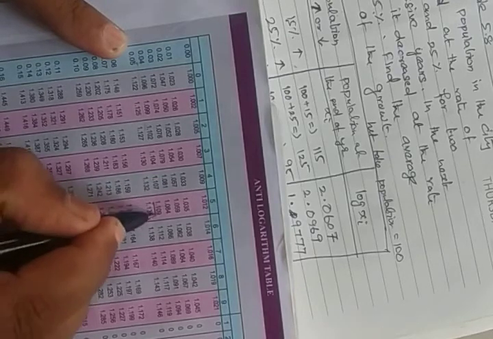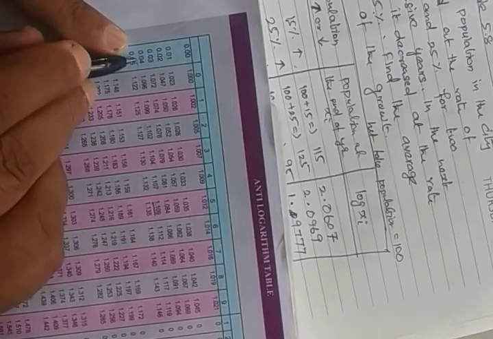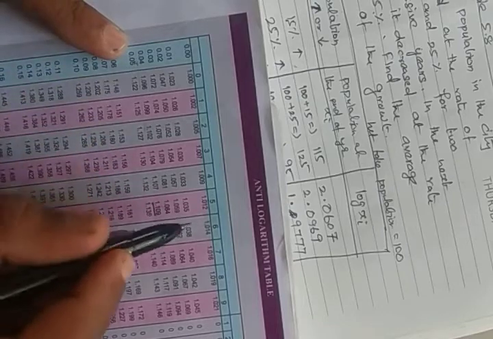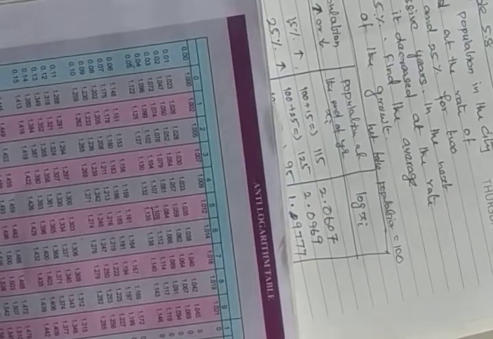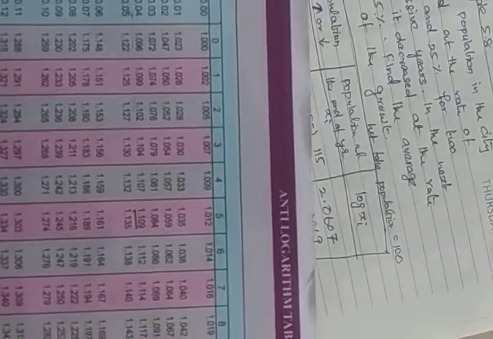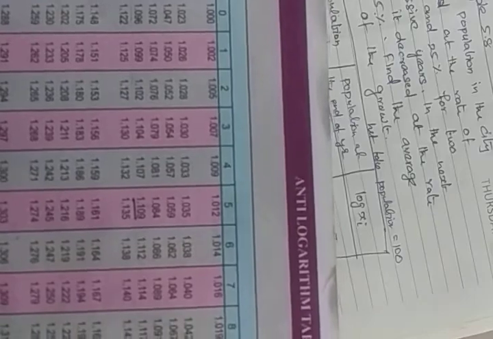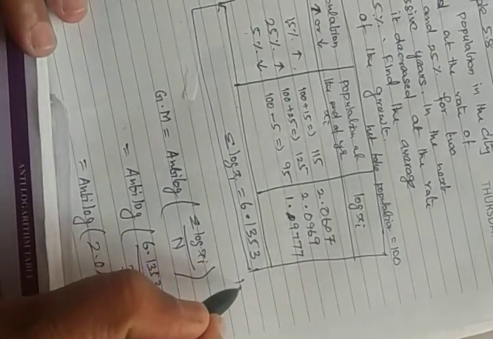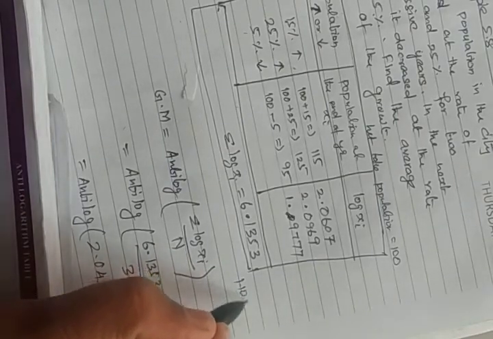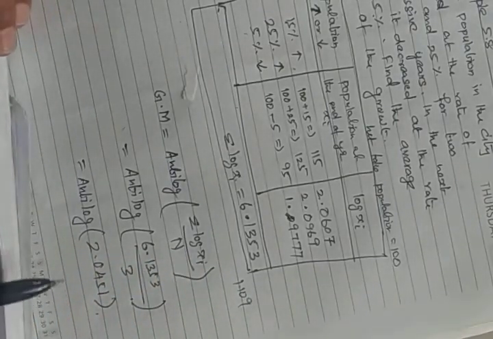So this value is 0.04 and then 5 value. Now 1 point, what's coming? You just see, 1.109. I have taken 1.109.